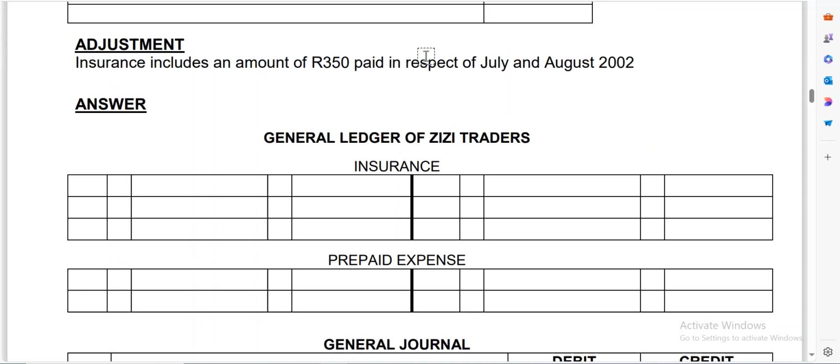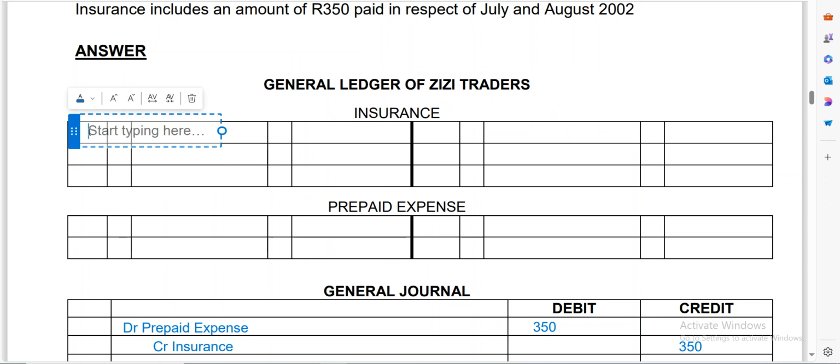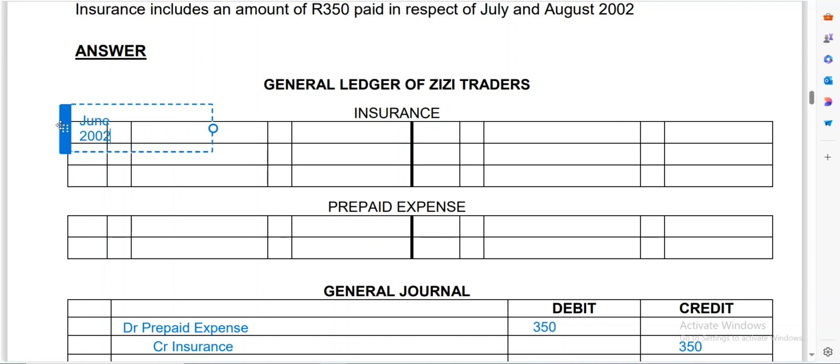Now if you remember here, at the end of the month, which is 30 June, we would say here we can say June 2002. Let me see if this will fit. So it did fit.